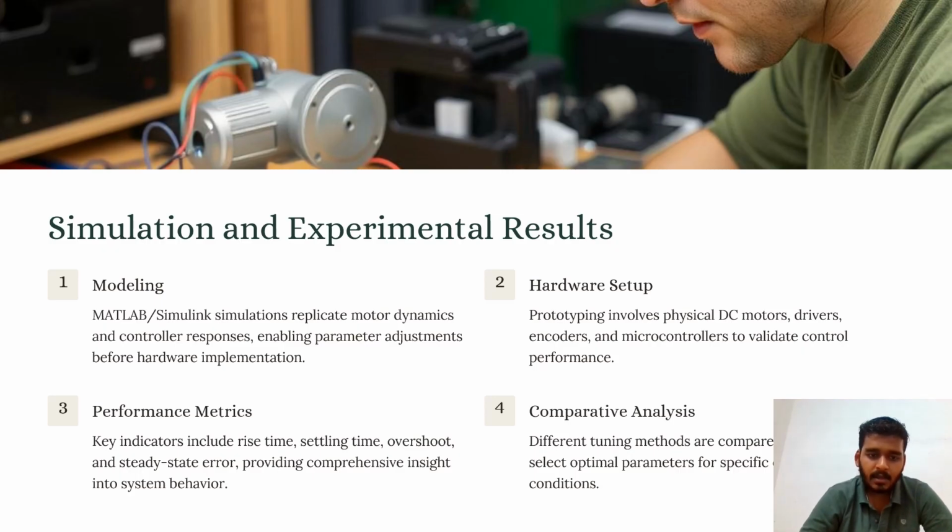Performance metrics: key indicators include rise time, settling time, overshoot, and steady state error, providing comprehensive insight into system behavior. And the fourth one is comparative analysis. Different tuning methods are compared experimentally to select optimal parameters for specific operational conditions and controllers.